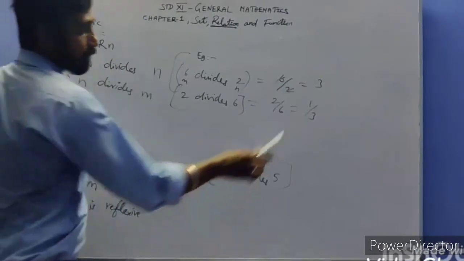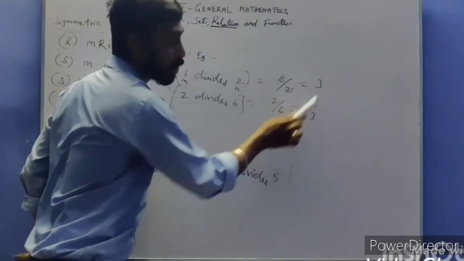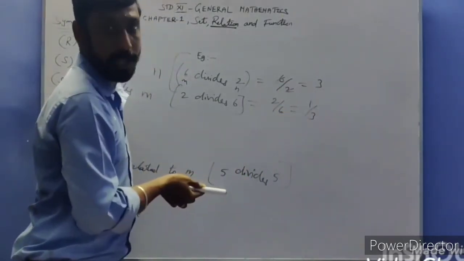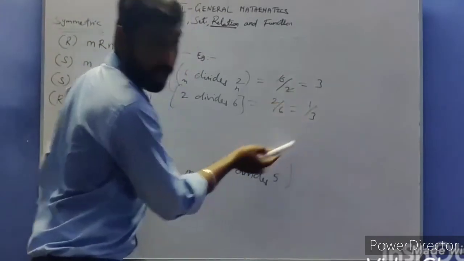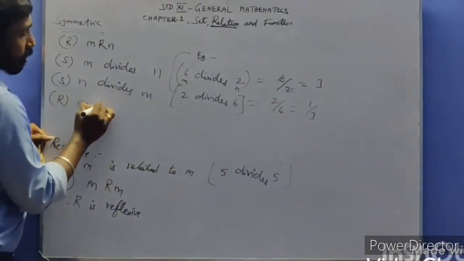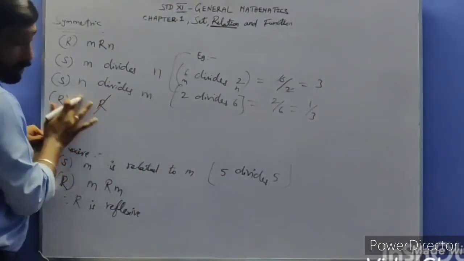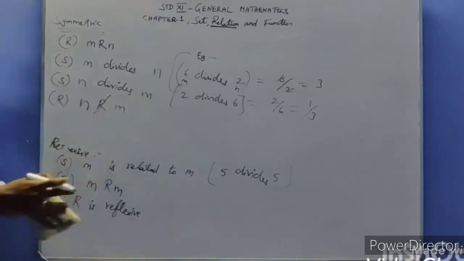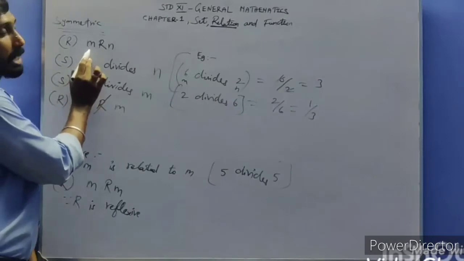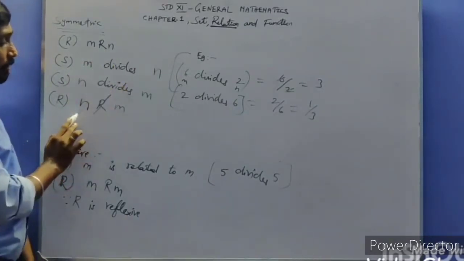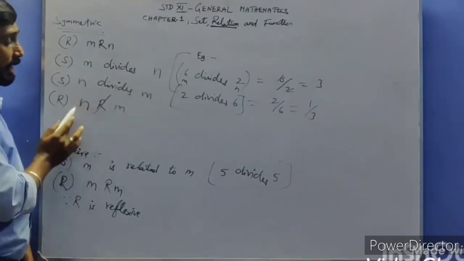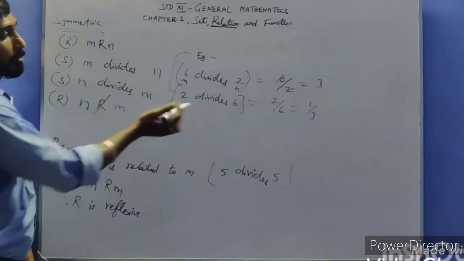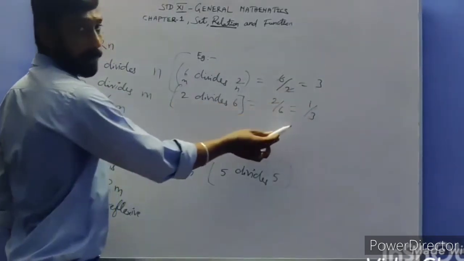So here both the answers are not the same. N is not related to m. If you write symmetric, if you start with m related to n, the relation should end with n related to m, but both the answers are different.